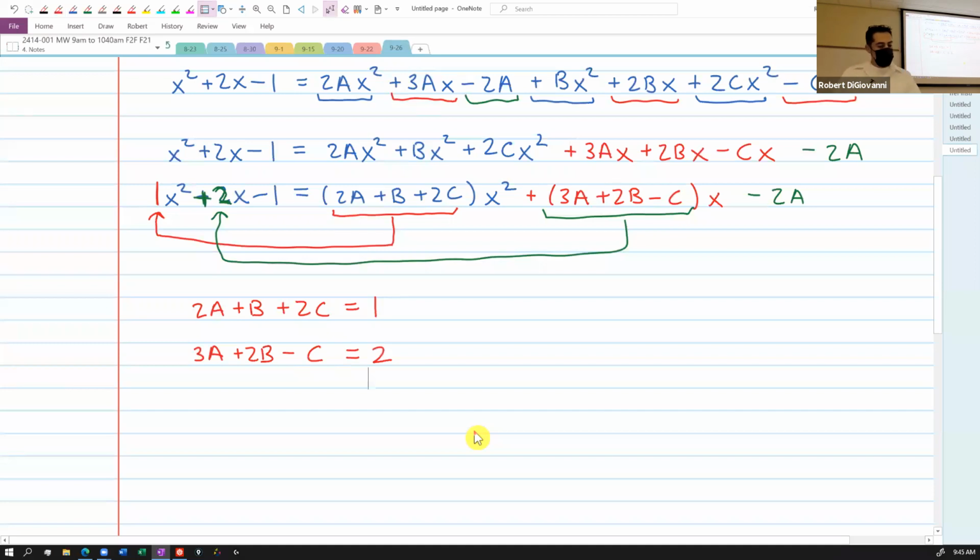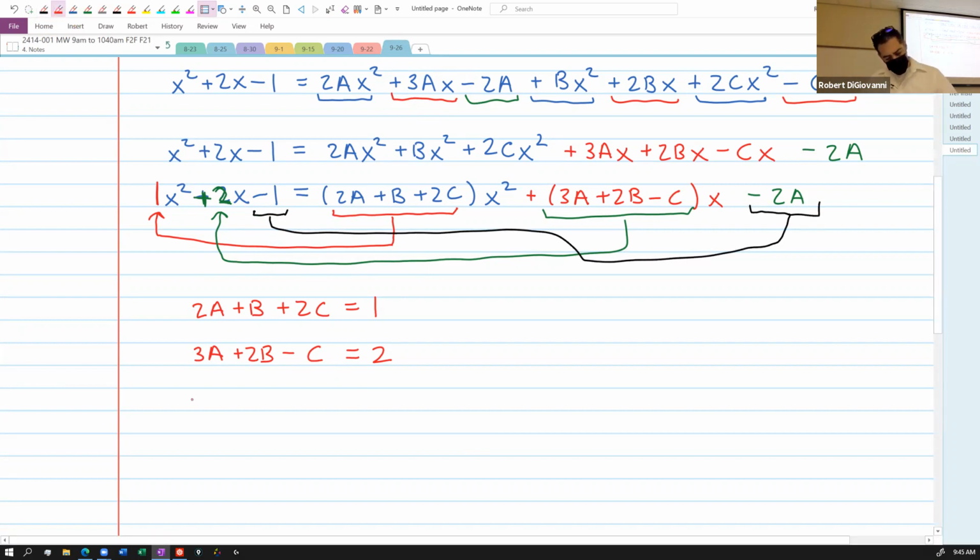And then we have a final piece of information: this minus 1 by itself does not have an x in it. Just the constant by itself must match whatever doesn't have an x here. So that means negative 2a has to be equal to what? Negative 1.